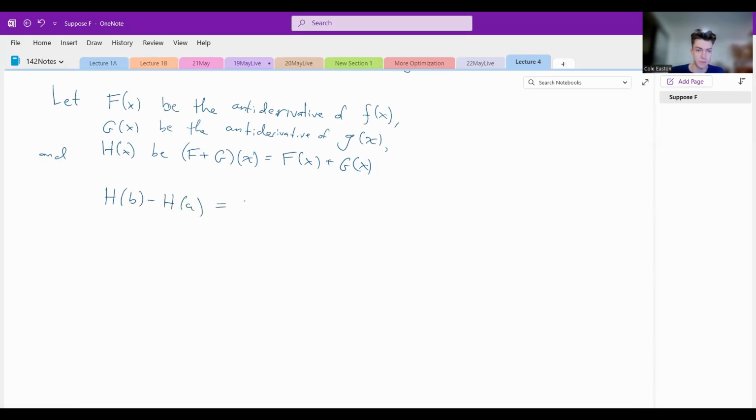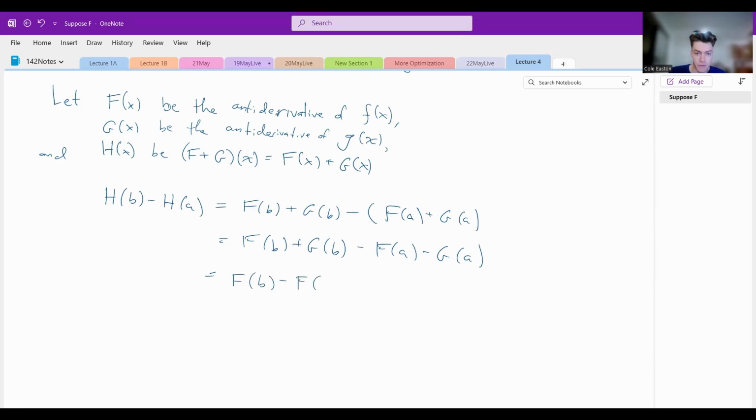Well, H of b means F of b plus G of b. And then we're subtracting H of a, which means F of a plus G of a. So let's distribute here, and then let us rearrange a little bit. So I'm going to put these F's together and these G's together. So we have F of b minus F of a plus G of b minus G of a.